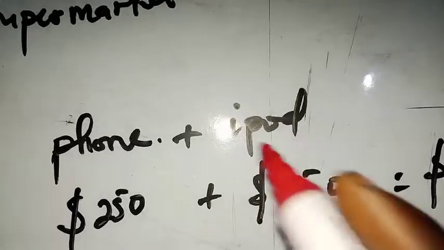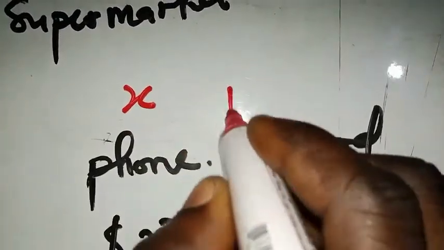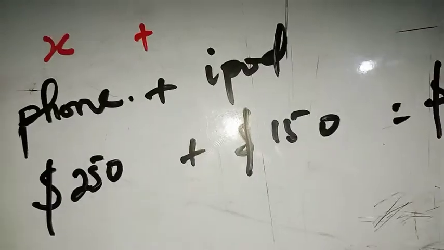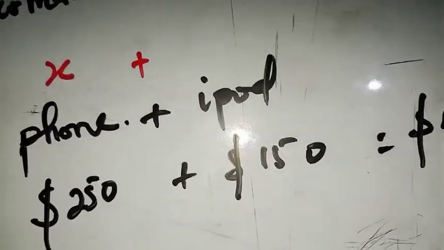Now someone else gets to the supermarket and needs to buy a different item apart from the phone and iPod. Anyone at the supermarket may buy a different product. So mathematically, we use x to represent anything that you wish to buy, plus a different item. For a different item, you use a different variable.